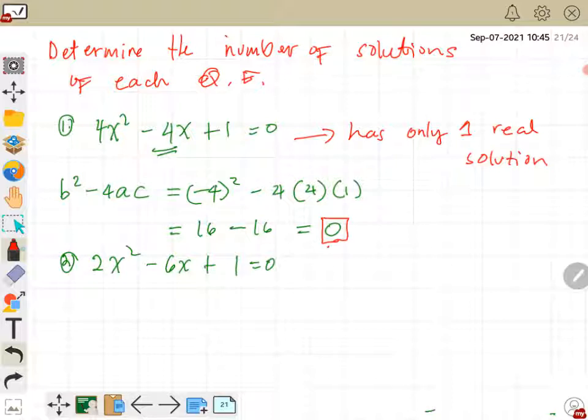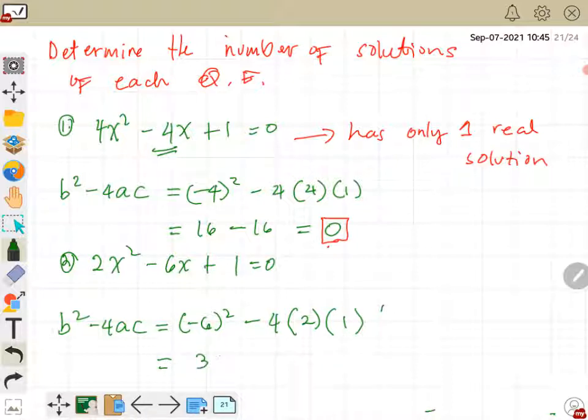Let's proceed with number 2. The same idea, b squared minus 4ac. Let's compute the value of the discriminant. What is b? Negative 6. Minus 4, what is our a? 2. What is our c? 1.